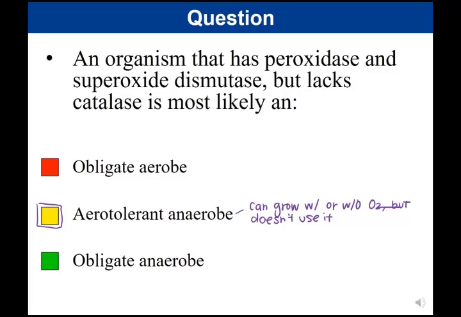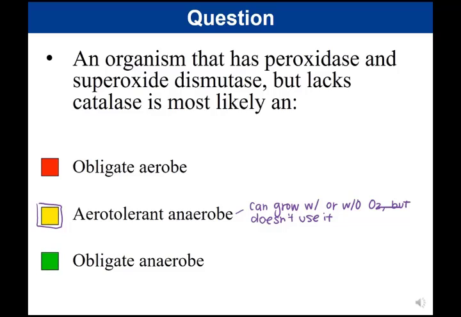And because they don't use it, they would still produce SOD, the superoxide dismutase, but they don't produce catalase. Instead, they produce peroxidase because peroxidase can neutralize hydrogen peroxide without producing more O2.